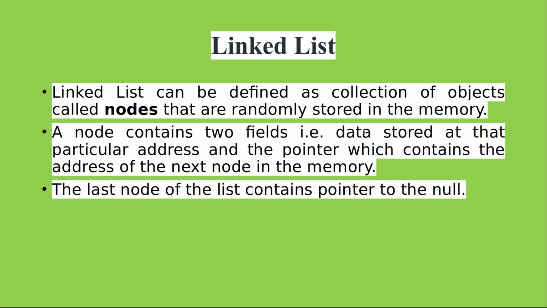Data means it stores the information, it stores the element. The pointer points to the next node. The last node consists of a null node. Null means there is no node existing. Because the last pointer has no next node, that's why it consists of a null node.